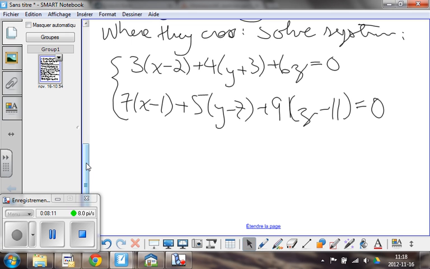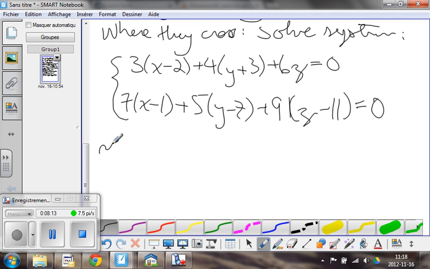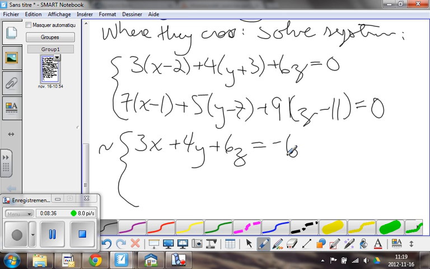Now we need to do it. That's 3x plus 4y plus 6z is equal to something. Minus 6 plus 12 is plus 6. Then when I put it on the other side, it should be minus 6. Does that make sense? Okay.